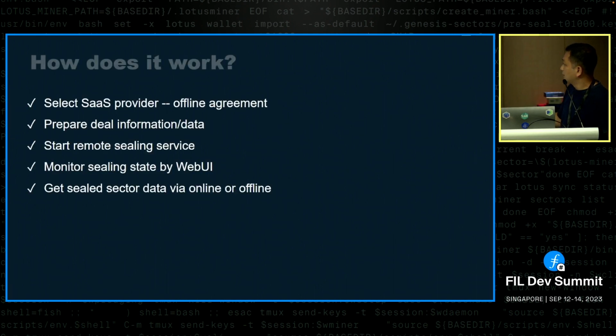Okay, here is the workflow in the sealing as a service. Basically it is a very long logic. So select the sealing as a service provider. We do the offline agreement, prepare their information and data, and start a remote sealing service.